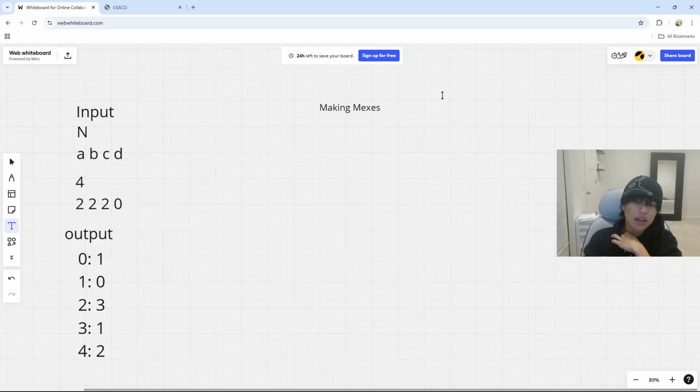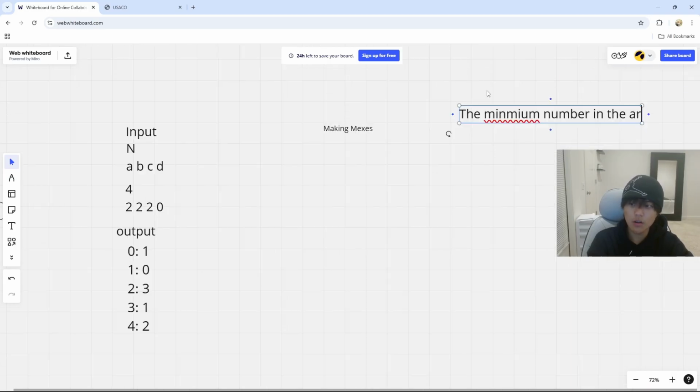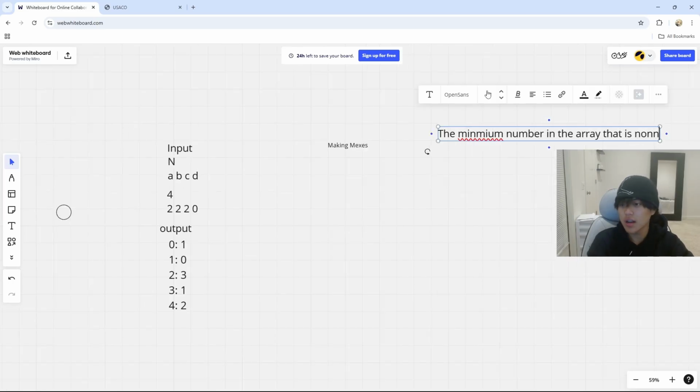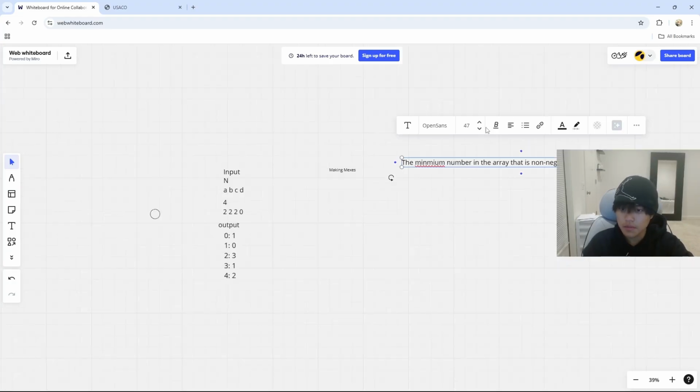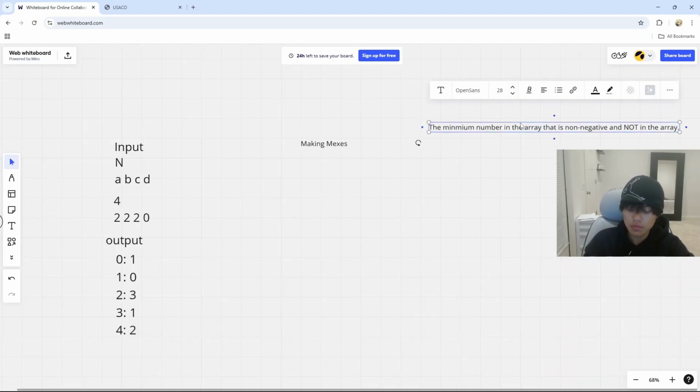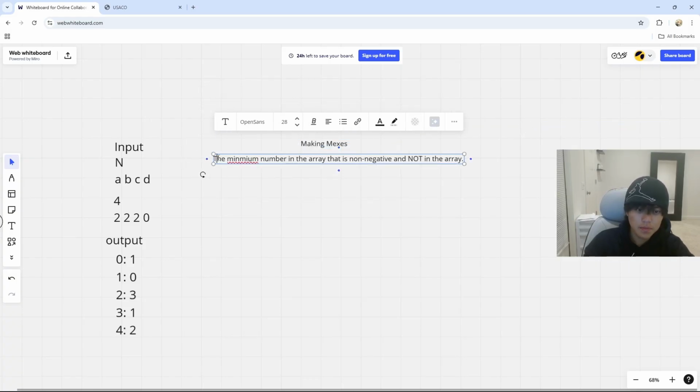They had a short description of what a mex was, and I don't know exactly, but essentially it was the minimum number that is non-negative and not in the array, right? This is what mex was.